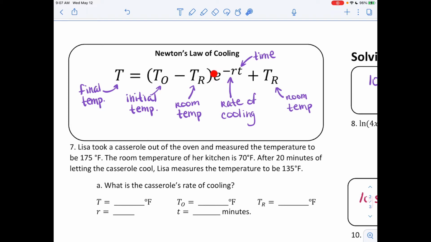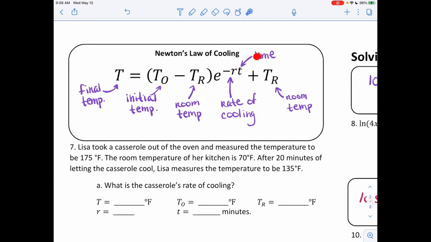We have E, remember that's our natural base, and then we're raising it to the negative R times T power, where R is the rate of cooling for the substance that is being cooled, whether that's food, whether that's oil in a car, no matter what it is.